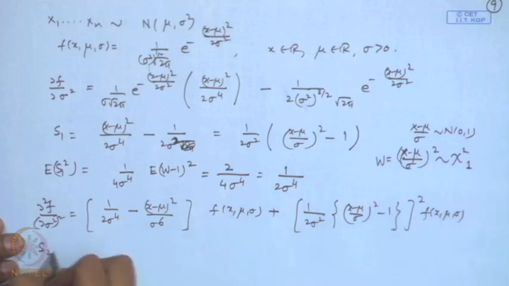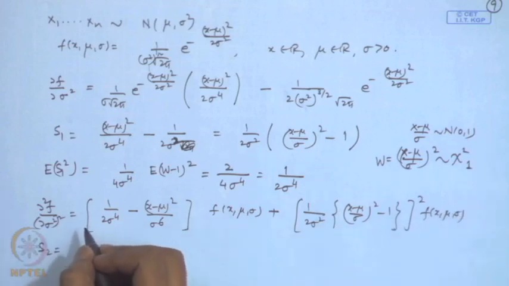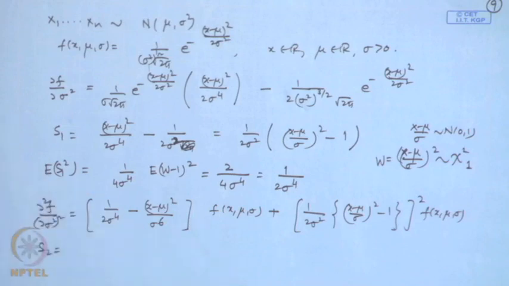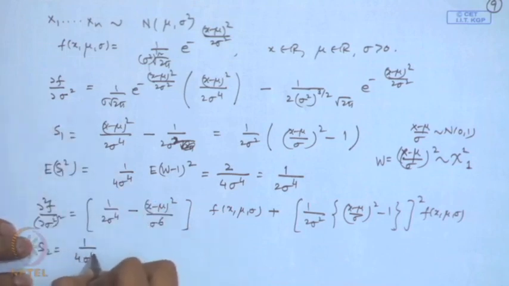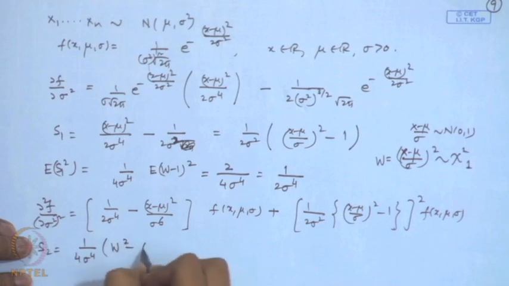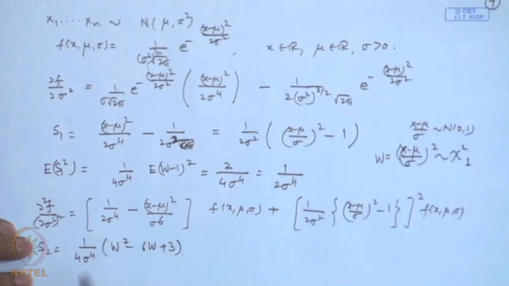So, your S2 then turns out to be, we can write using this W term as follows: 1 by 4 sigma to the power 4 (W square minus 6 W plus 3).